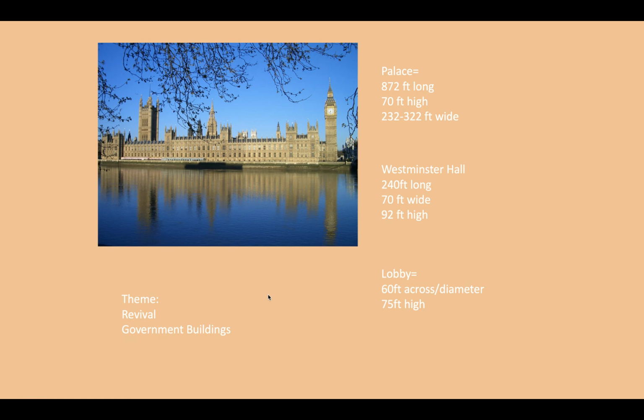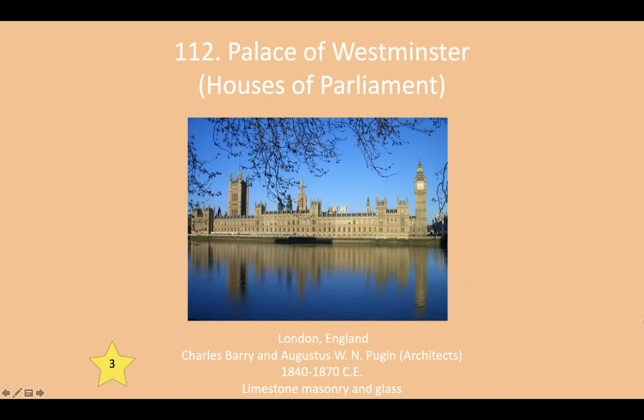So let's talk a little bit about what you're looking at here. In 1834, there was a huge fire in London. Huge fire in London. And it burned a good portion of London down.